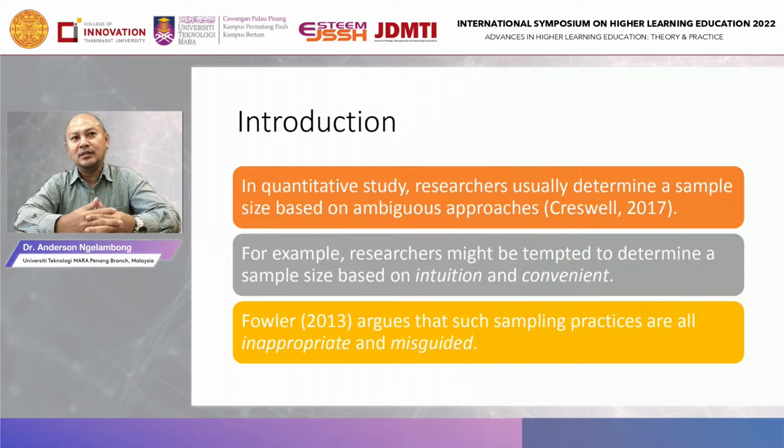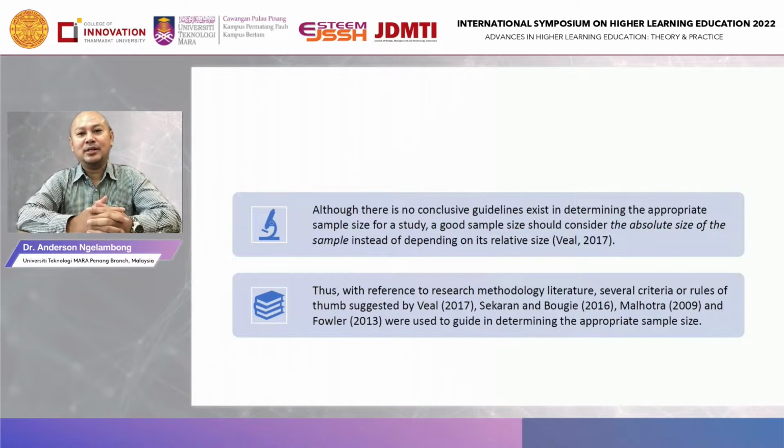So in research, to do empirical research, you have to have a good justification of sample size. It's not just based on feeling, but it has to be based on statistical evidence also. Although there are no conclusive guidelines in determining the appropriate sample size for a study, a good sample size should consider the absolute size of the sample, instead of depending on its relative size.